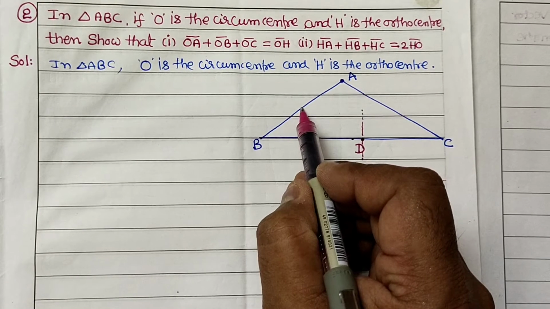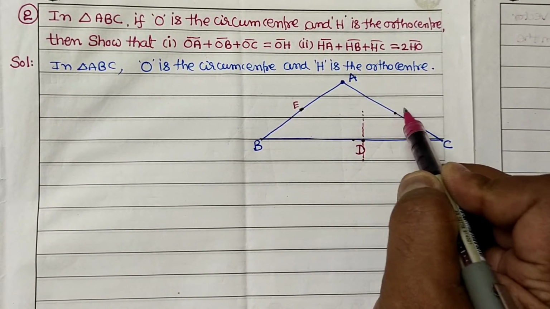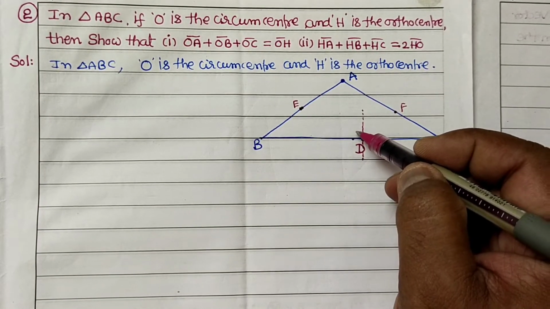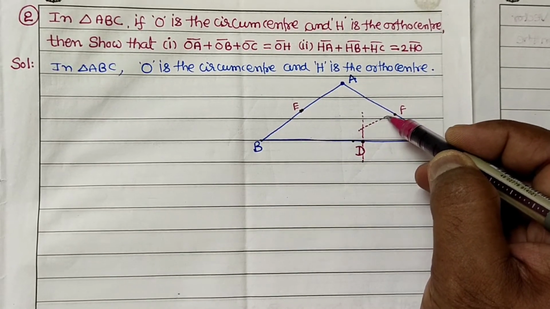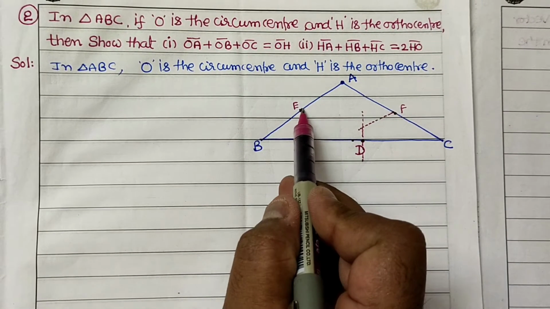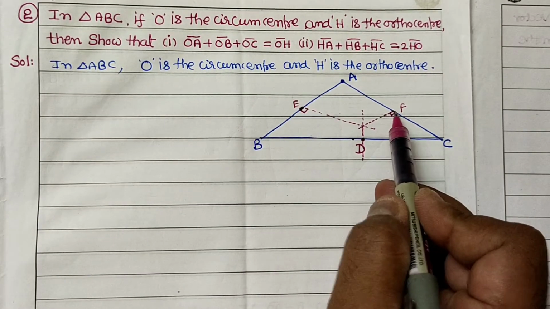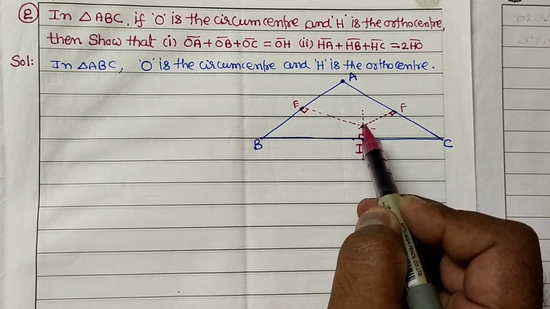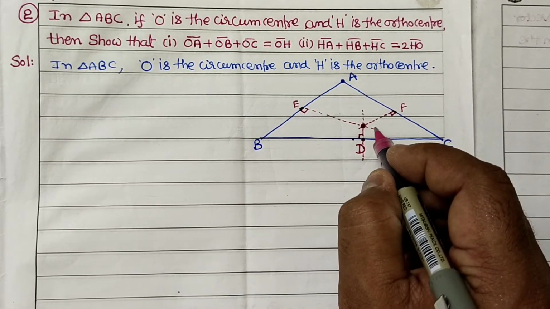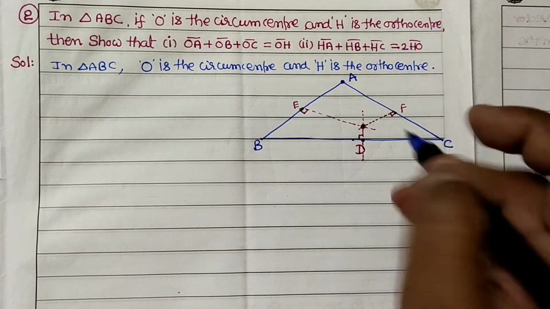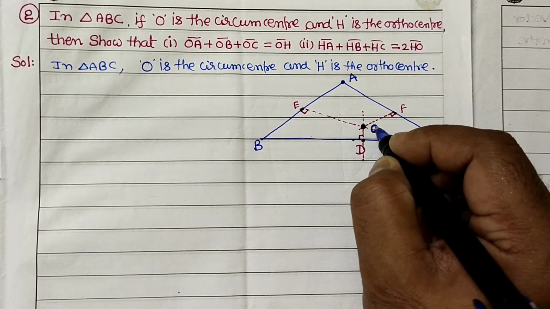E is also the midpoint. F is the midpoint. So the point of intersection of perpendicular bisectors is called circumcenter. Now it is denoted by O. So this is the point O. O is the circumcenter.